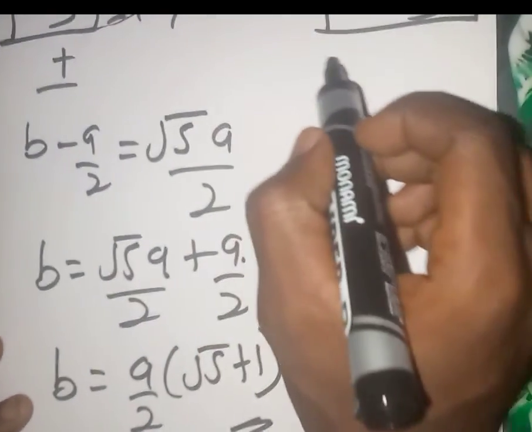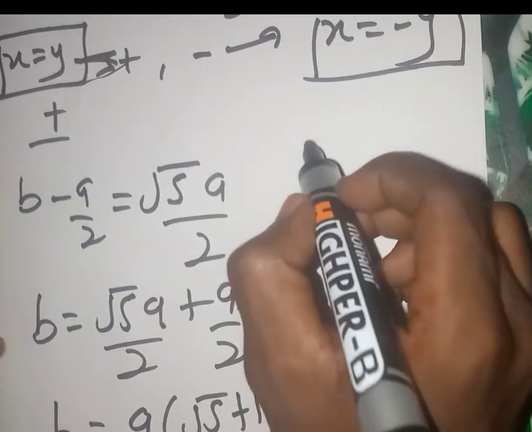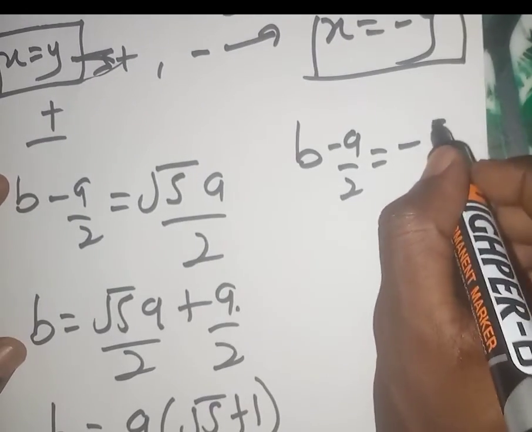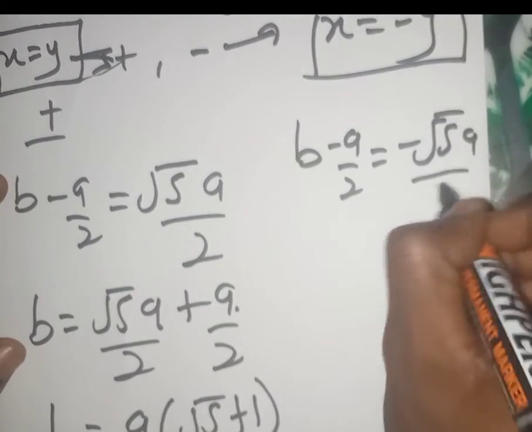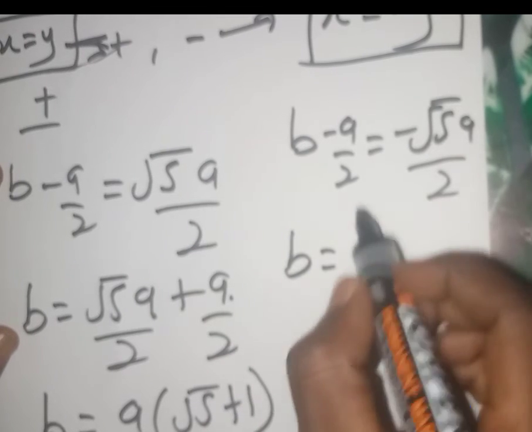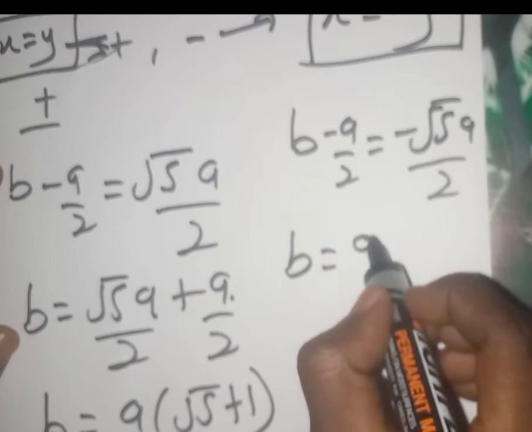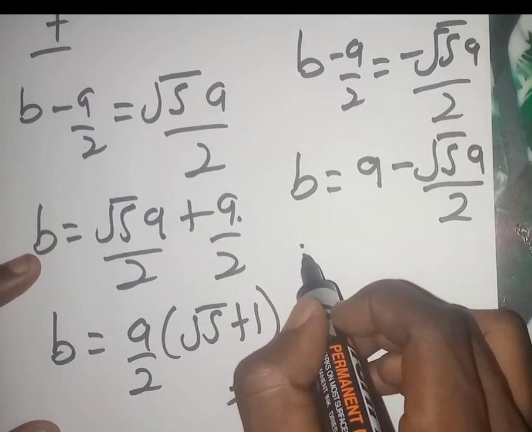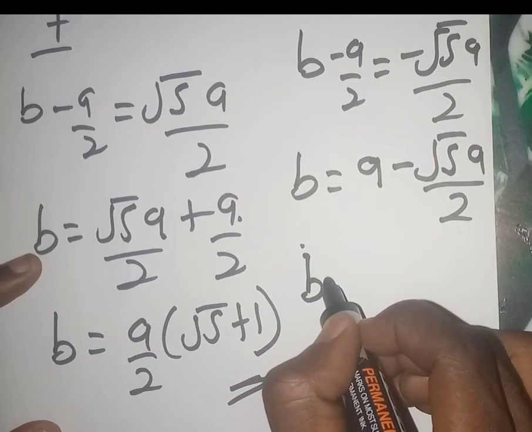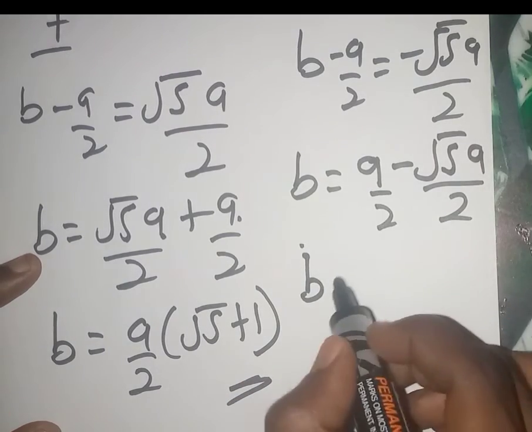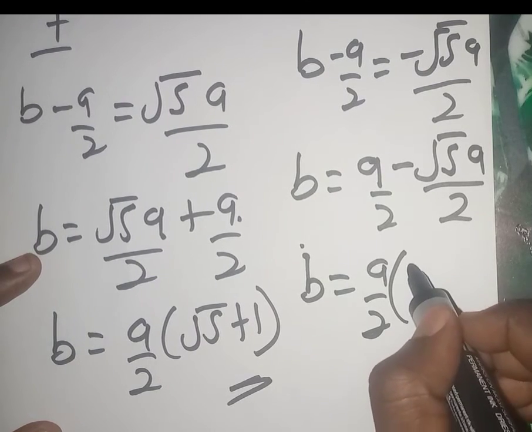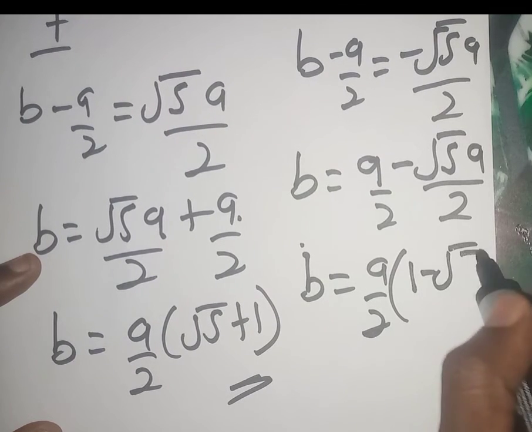Now with the negative side of it, we have b minus a divided by 2 being equal to negative that divided by 2. So sending this to the other side, it becomes this minus a outside divided by 2, and then from here we can write this as, remember this is divided by 2, so everything becomes a divided by 2 in this case, becomes 1 minus square root of 5.